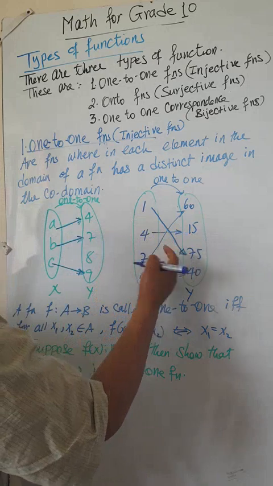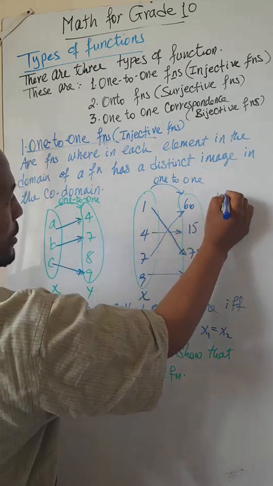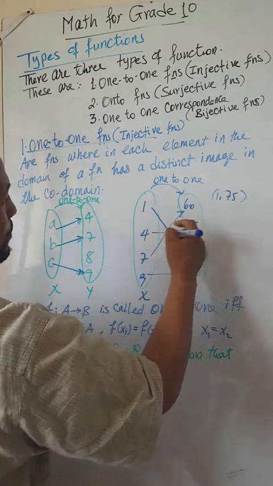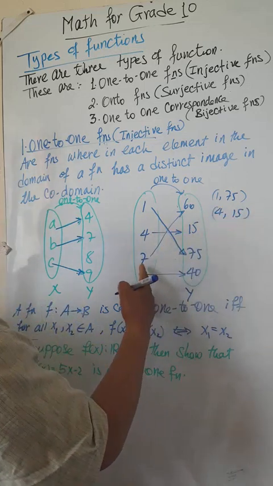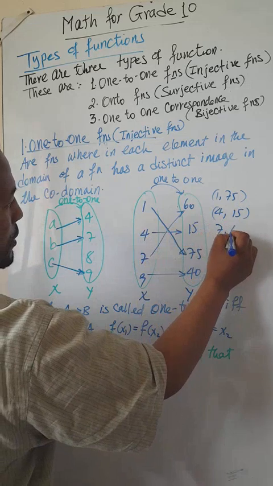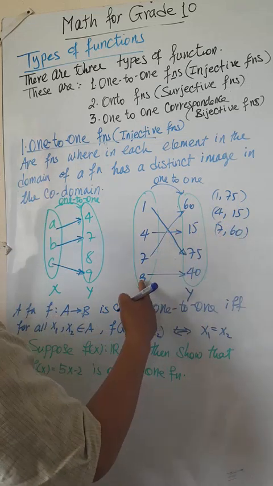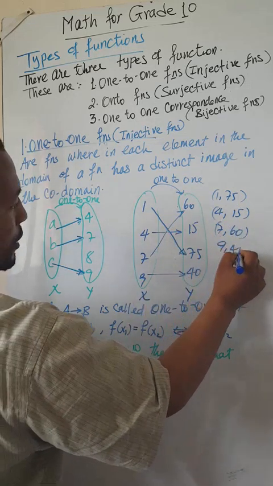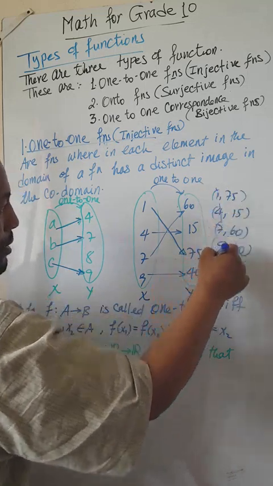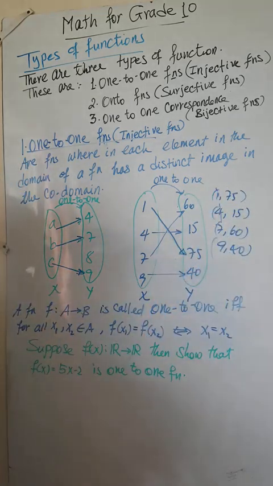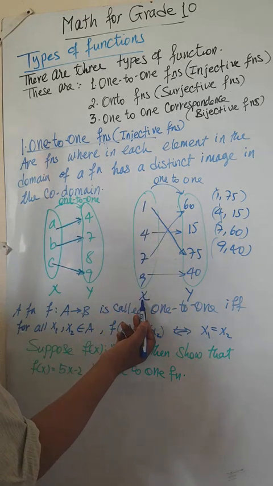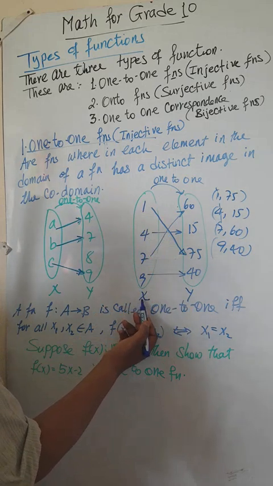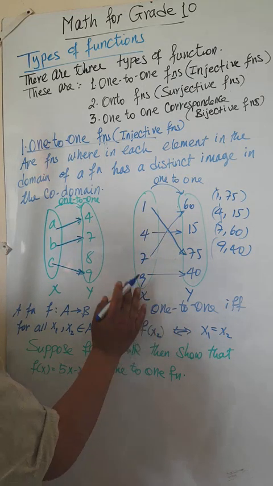Now ይሄን ኦርደር ፔር ጻፉ ብንባል 1 is 175, 415, 760, then 940. Now there is no first element repeated. So that this is a function, and every member of the domain has an image.